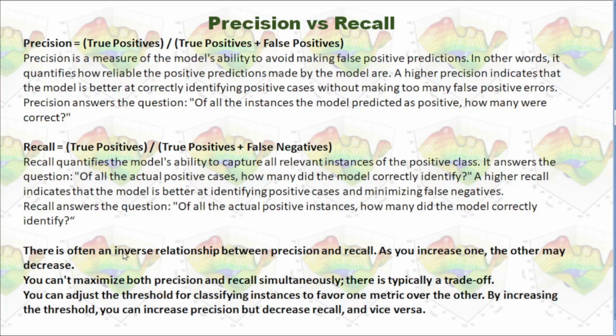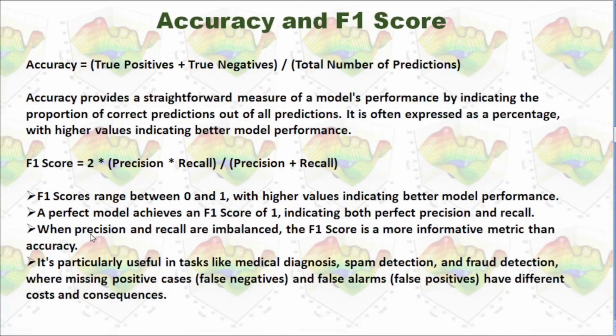There is often an inverse relationship between precision and recall. As you increase one, the other may decrease. Next concept is called accuracy. Accuracy equals the sum of true positives and true negatives divided by the total number of predictions.